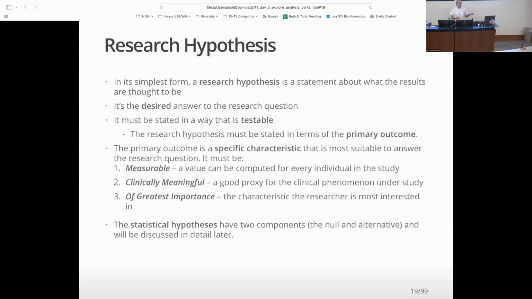And the goal of the hypothesis is to try and answer the research question. And if you want to formally state a research hypothesis, you have to state it in a way that's testable.